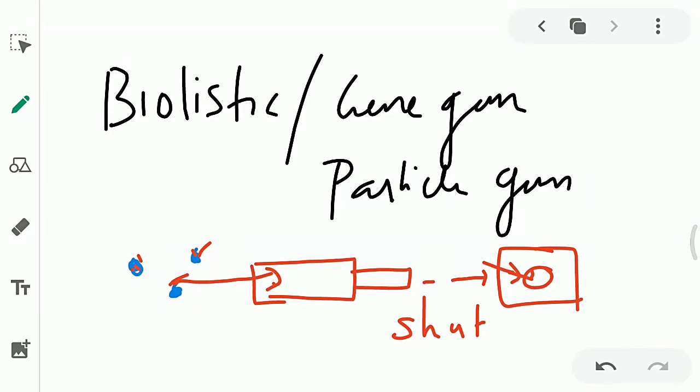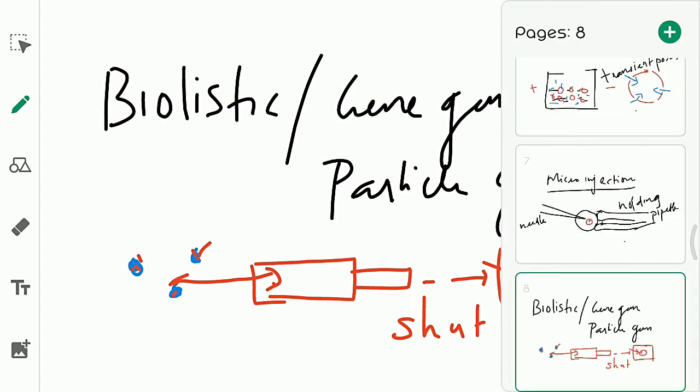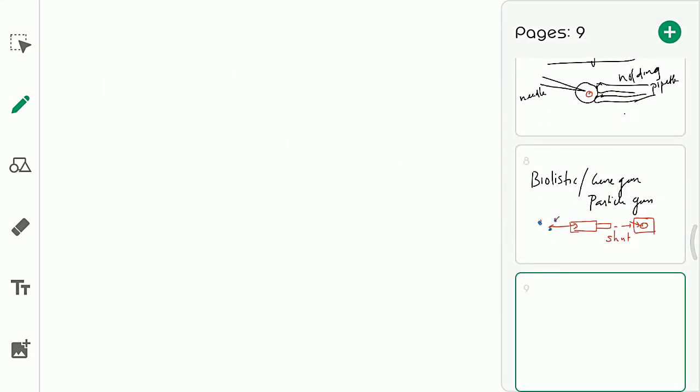Since these particles are of tungsten and gold, they are very less reactive. They don't react with the cellular contents, but the DNA can be easily delivered into the nucleus. This is biolistic or gene gun.